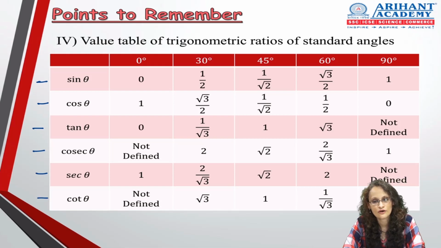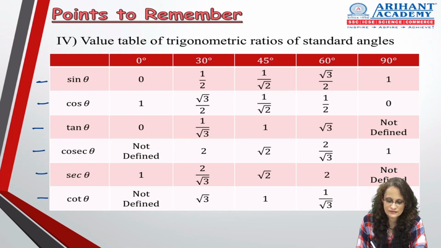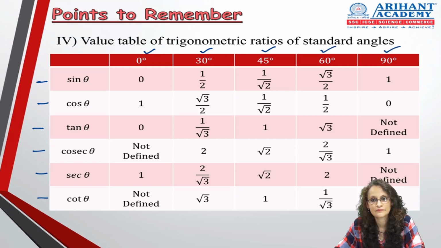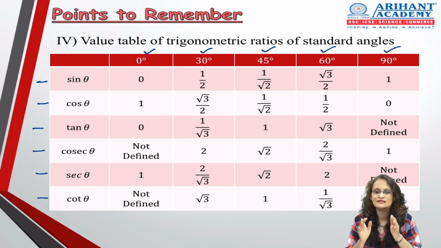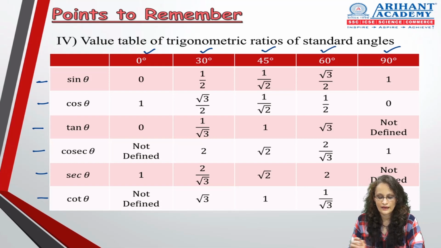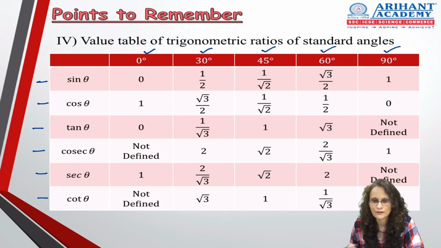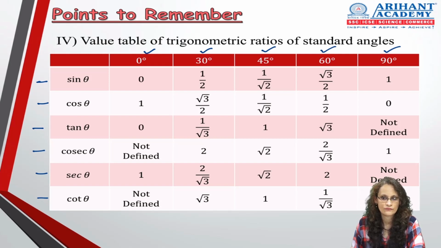These are your trigonometric ratios, and these are your standard angles: 0 degree, 30 degree, 45 degree, 60 degree, 90 degree. So these are your well-defined standard angles: 0, 30, 45, 60, 90. And this is the tabular column for it, the chart, which I'm sure everybody knows by heart now, because you've done this multiple times.